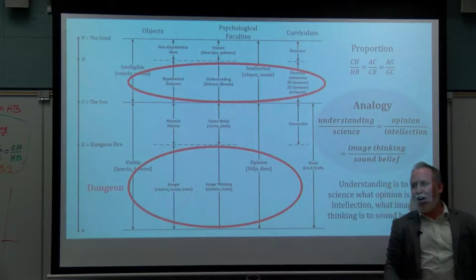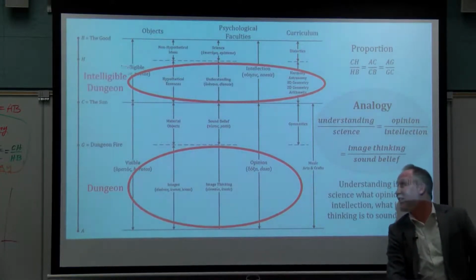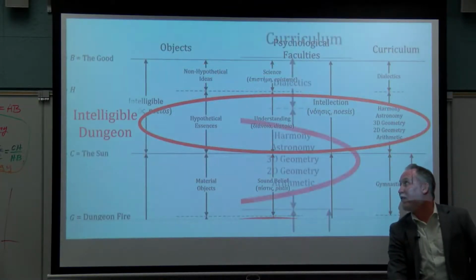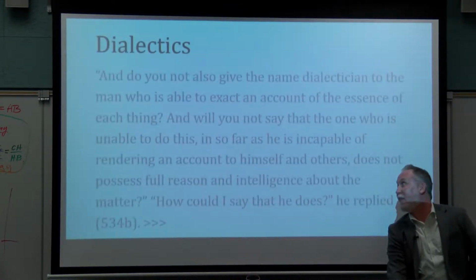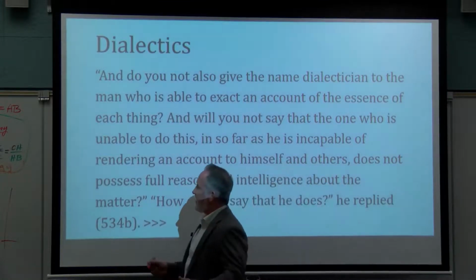And they need to get out, right? Especially the leaders of the city-state need to be trained to ascend above the intelligible dungeon. And for what reason? Well, first of all, it is dialectics, as was suggested.